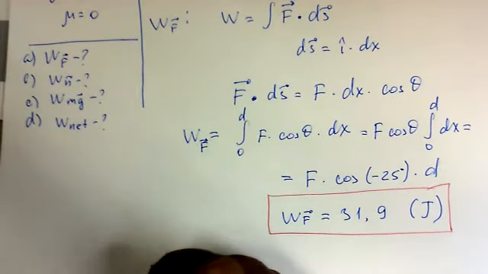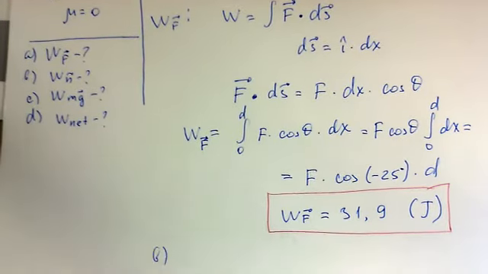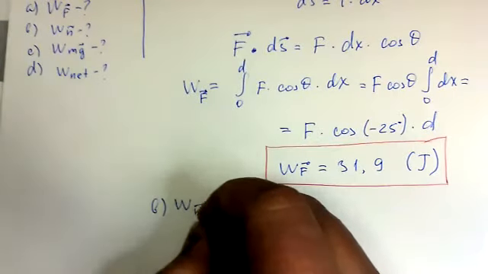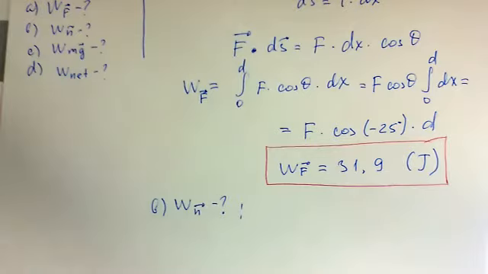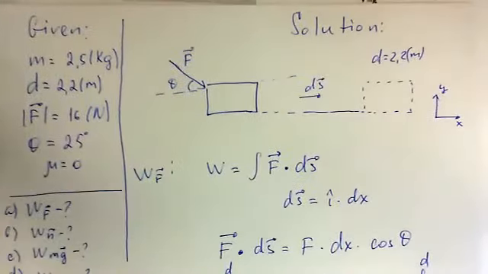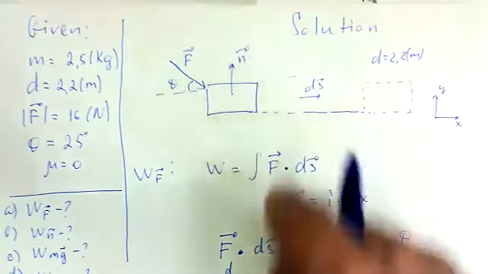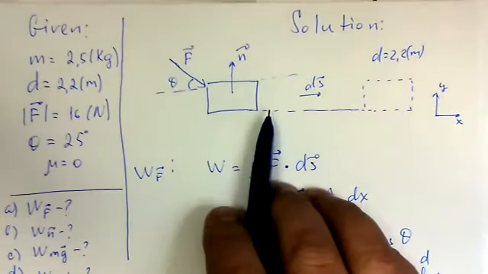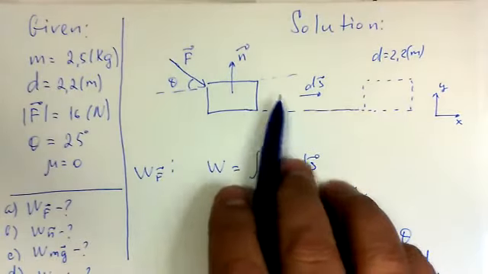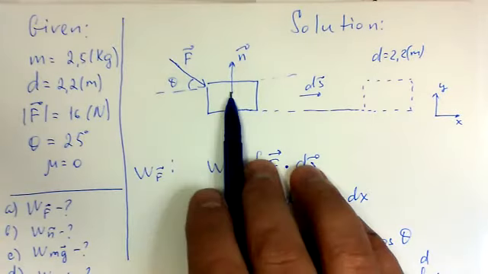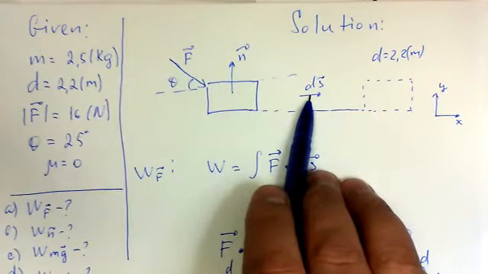Next, we need to find the work done by the normal force. So let's introduce the normal force into this sketch. So here is the normal force. What would be the work done by the normal force if the object is moving to the right? Well, let's analyze the angle between the normal force and the displacement vector ds.